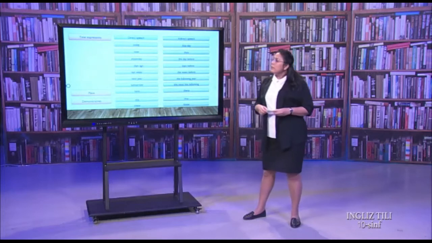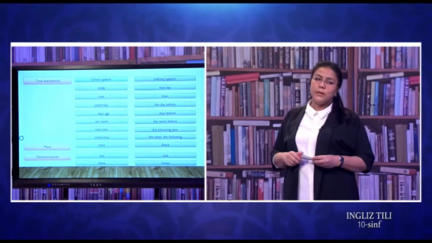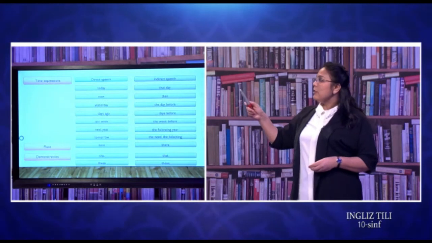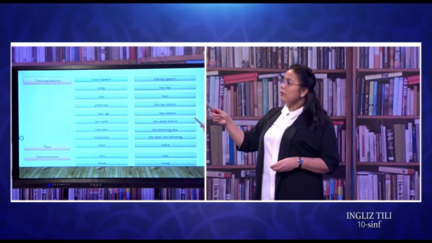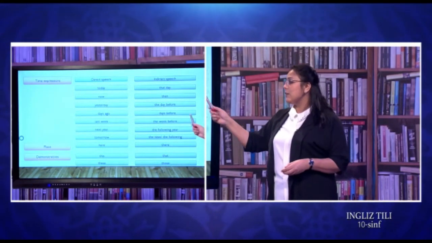Here, time expressions, place, and demonstratives. While we are changing time expressions, we should pay attention to the following words. The word today is changed into that day. The word now is changed into then. Yesterday is changed into the day before. Days ago is changed into days before.